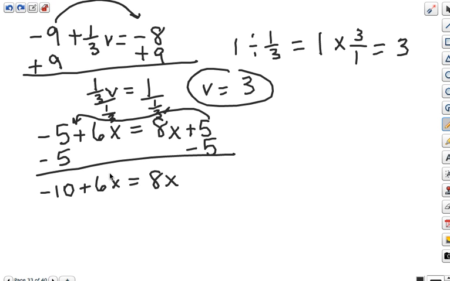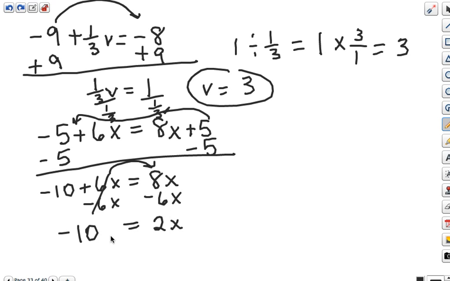So we're going to move the 6x rather. So we subtract 6x from both sides. We have negative 10 equals, those cancel out. 8x minus 6x is 2x.